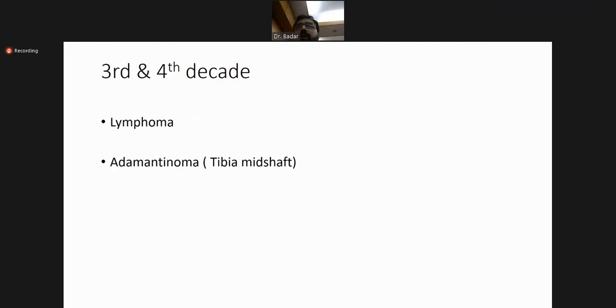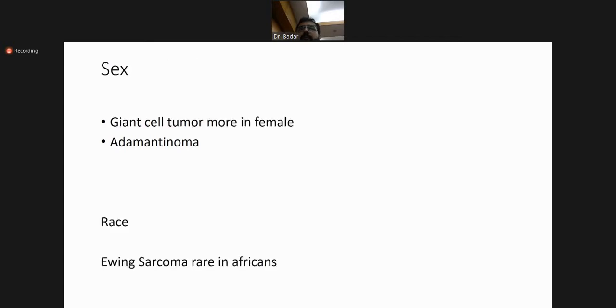Third and fourth decade is lymphoma, and if the tumor is in the mid shaft, most likely it is an adenocarcinoma. I'm just talking about the malignant, not benign tumors.